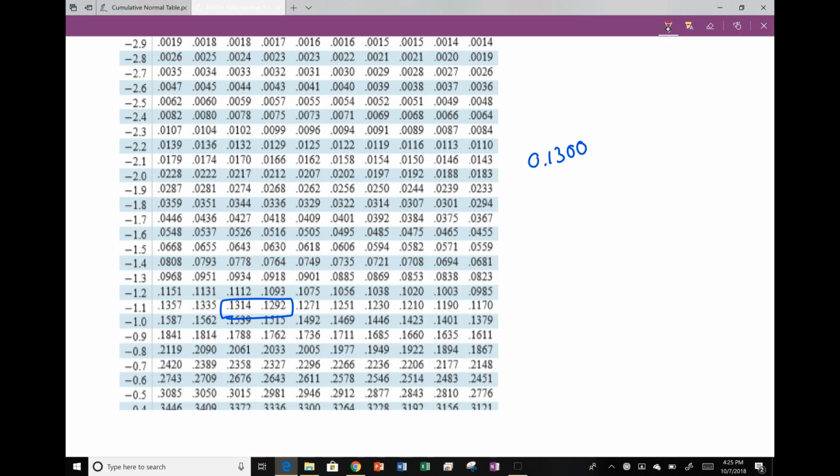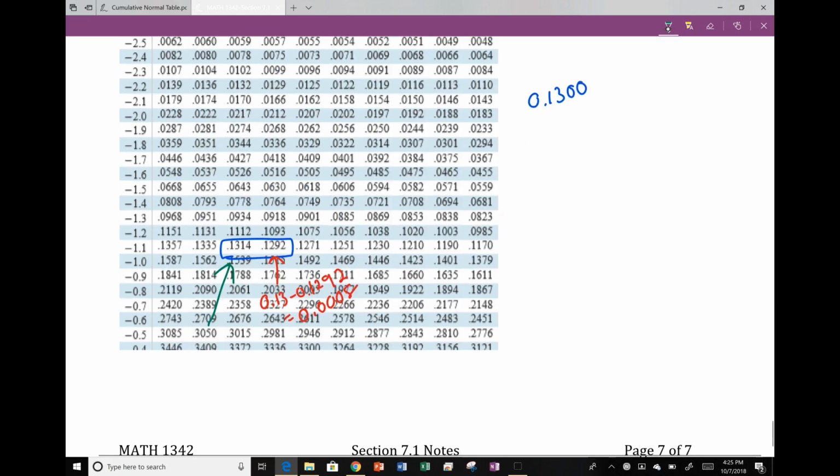Well, looking at this one, 0.13 minus 0.1292 is going to give me 0.0008. So there's a difference of an 8 here. And then looking at the other side of it, let me come down here so you can see this a little bit better. 0.1314 minus 0.13. That's going to give me 0.0014. This is 14 points away. This one's only 8 points away. This one is the closer one.